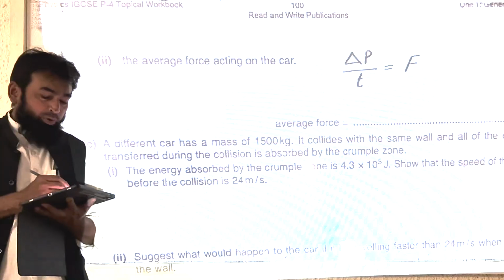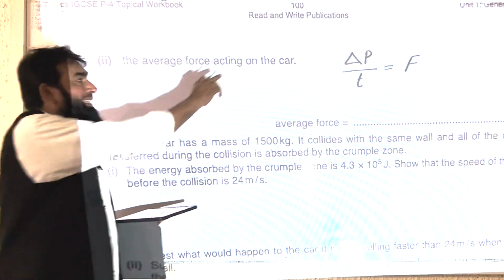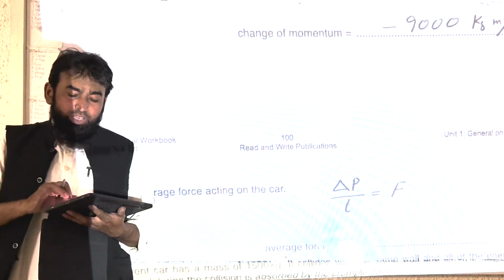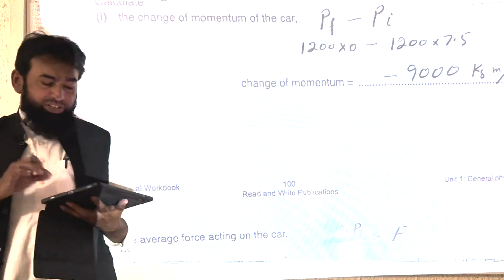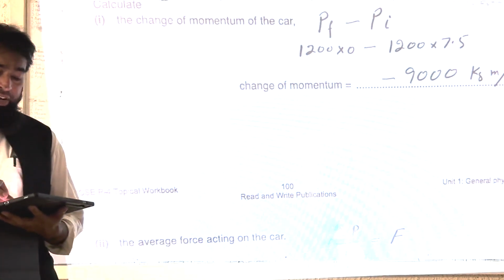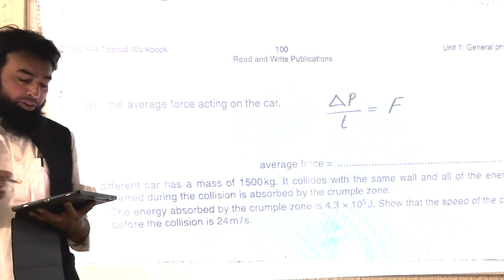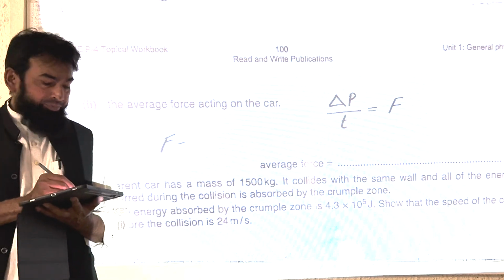Very good. So here delta P is already calculated. You can see this minus 9000 is already calculated, which is the change in momentum, divided by 0.36.